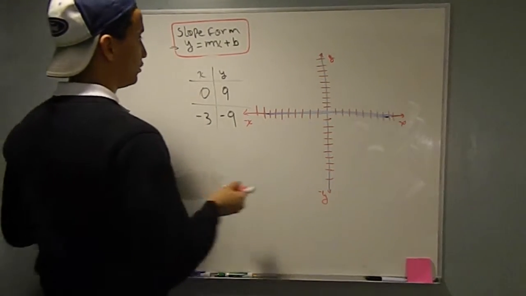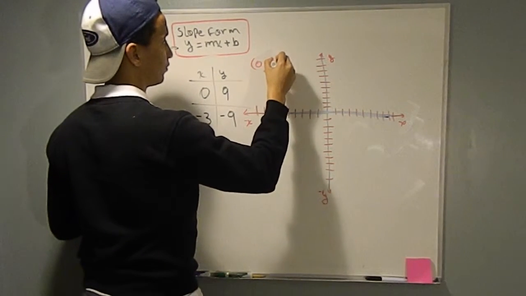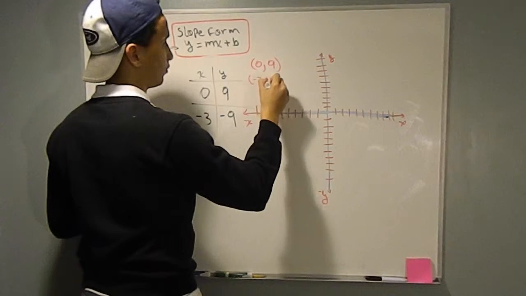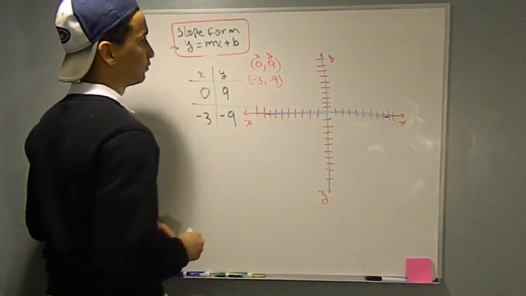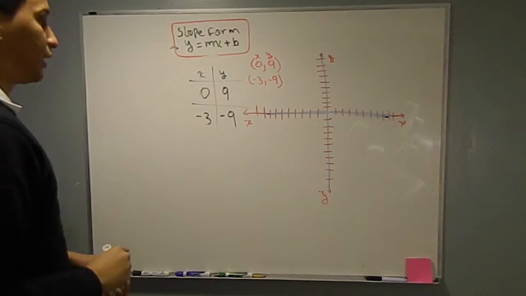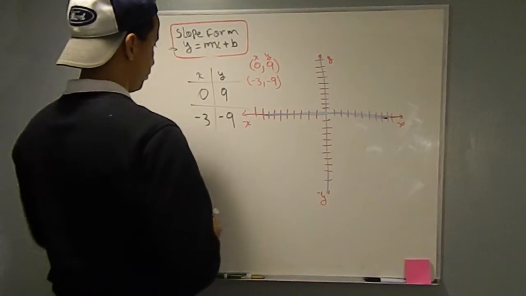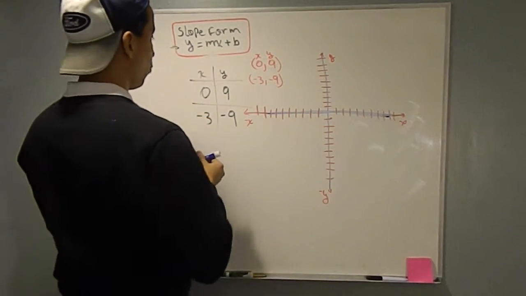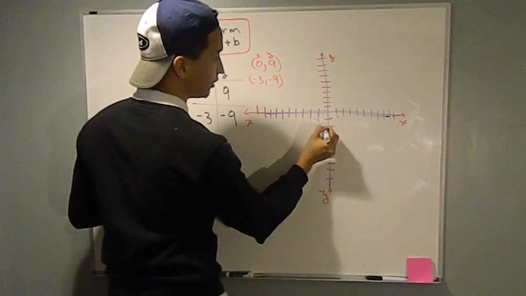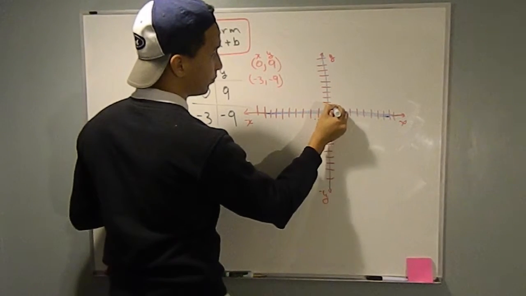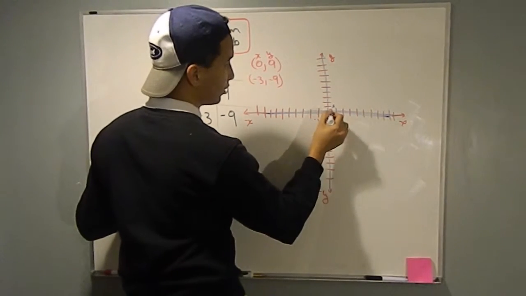Having this point, we can write it like an ordered pair, where this is x and this is y. So now what we're gonna do is go like our point said. When x is 0, which is right here in the middle, because this is 1, negative 1 on y, and positive 1 on y.